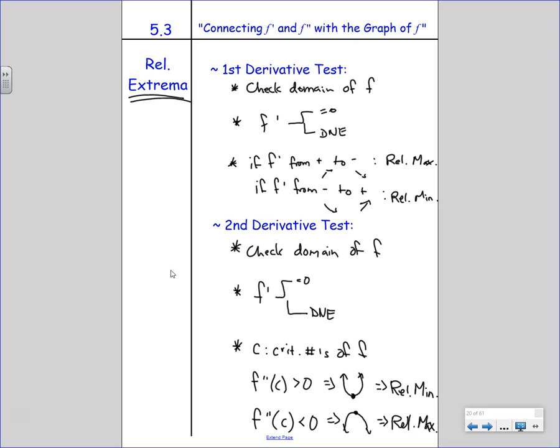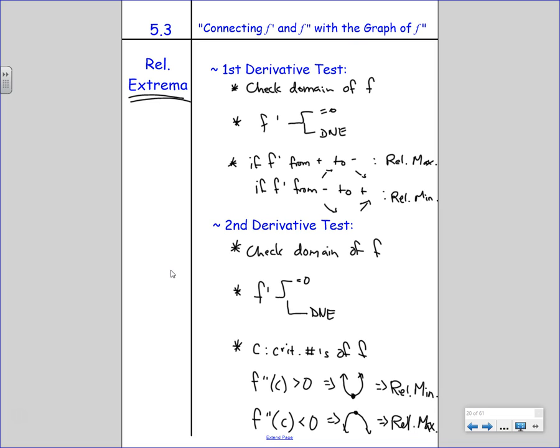For the second derivative test, you still have to use critical numbers, because only critical numbers are possible extrema. Sometimes a PIP is a critical number also, but PIPs are not necessarily extrema. Critical numbers are the candidates for extrema.